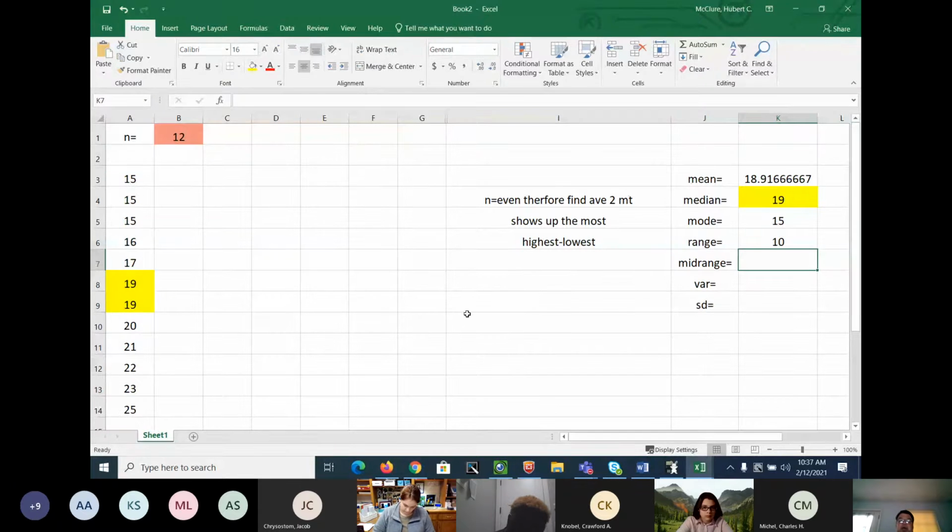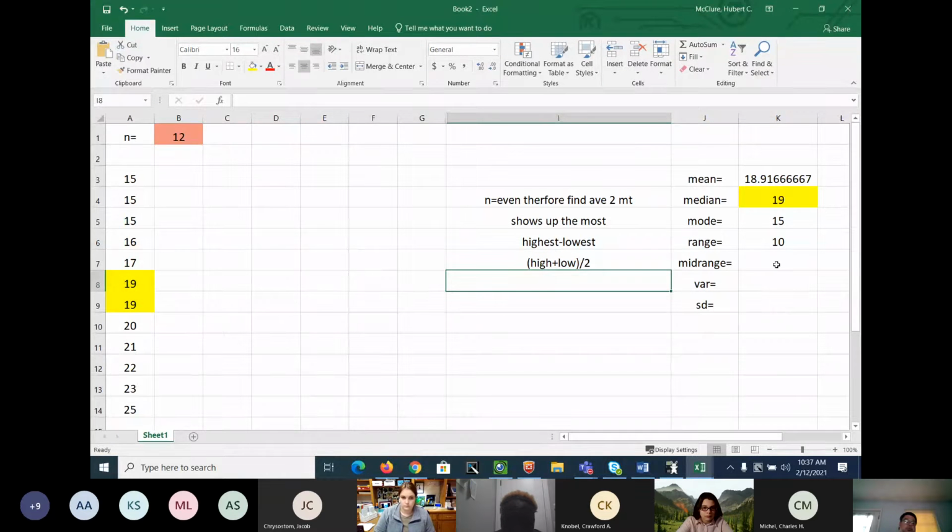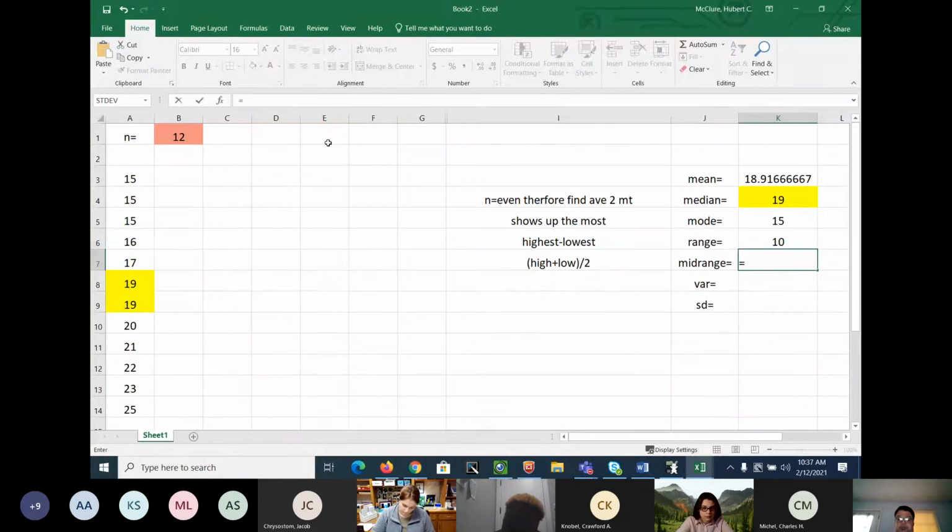Midrange, you're going to take the highest plus the lowest and divide by what? So that's going to be equal to the highest plus the lowest, divided by 2. Make sure you put parentheses. If you use Excel, make sure you put parentheses around the numerator.